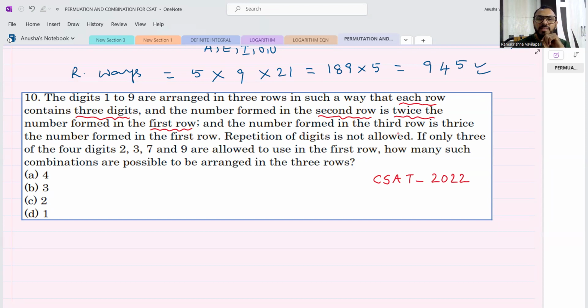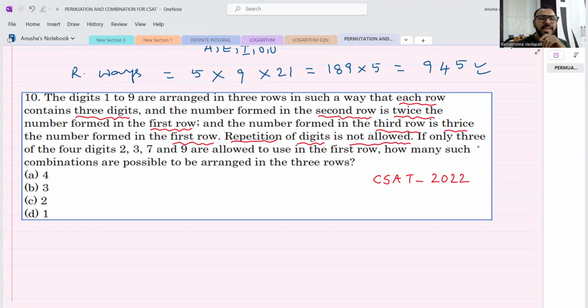And the number formed in the third row is thrice the number formed in the first row. Simple. If the first number is x, the second number is 2x, and the third number is 3x. And repetition of digits is not allowed.